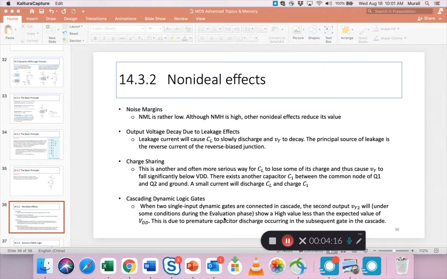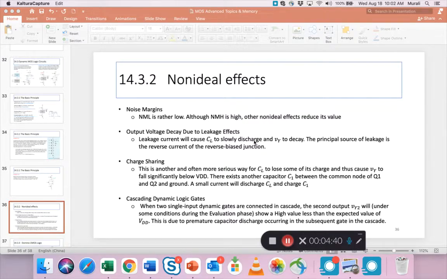It doesn't affect the first gate so much as the second gate. The second gate, unfortunately, cannot hold its output voltage at the necessary high value. During the process, it starts to leak, because the output capacitor of the second gate starts to prematurely discharge while it's not supposed to be discharging.